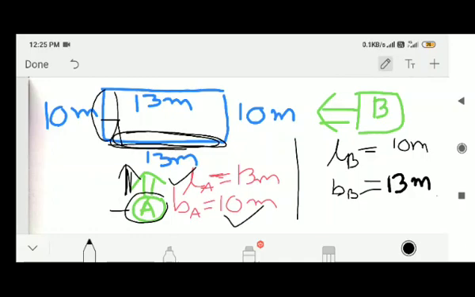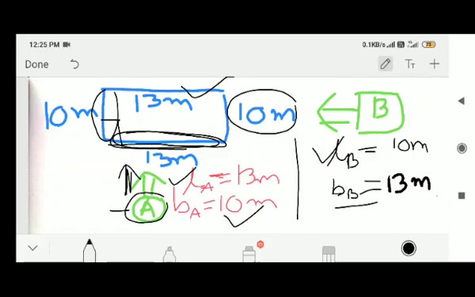Similarly, B first sees the 10 meter side. So for B, this 10 meter is length and this 13 meter is breadth. Understood? Very easy. In a rectangle, the side you see first is your length, and the other is breadth.